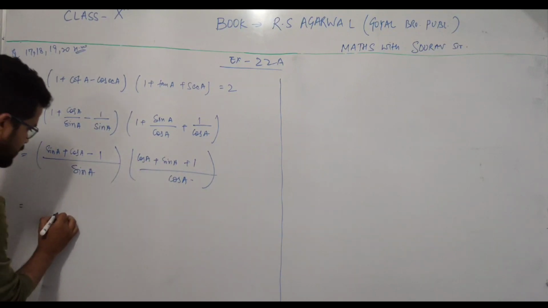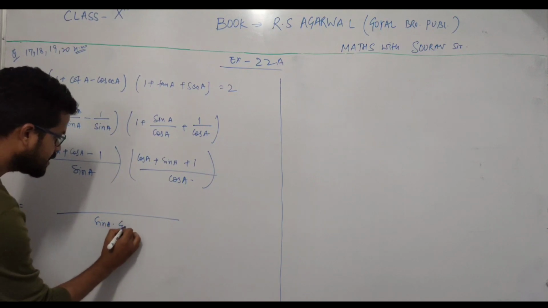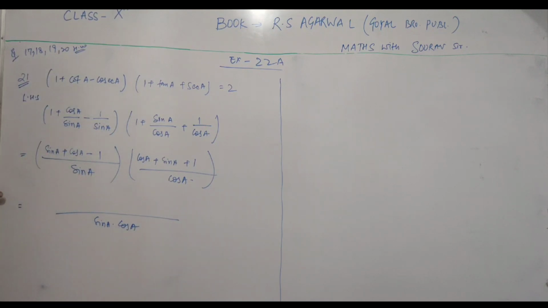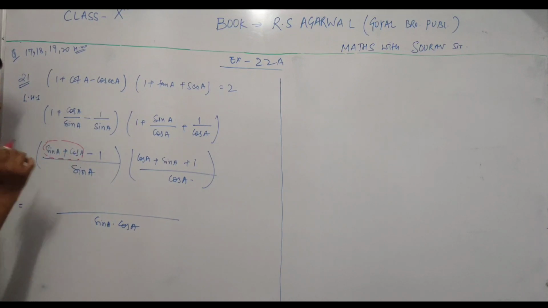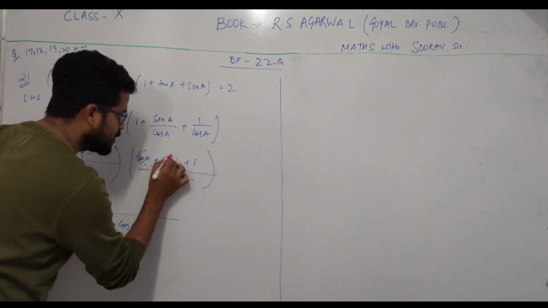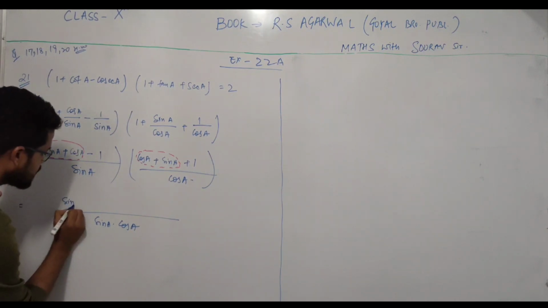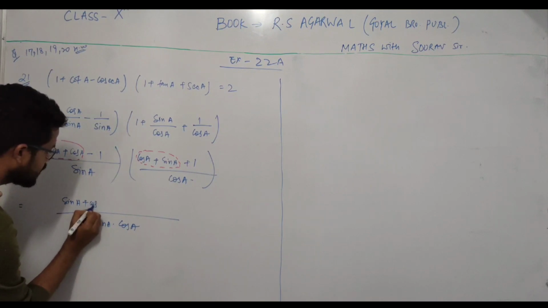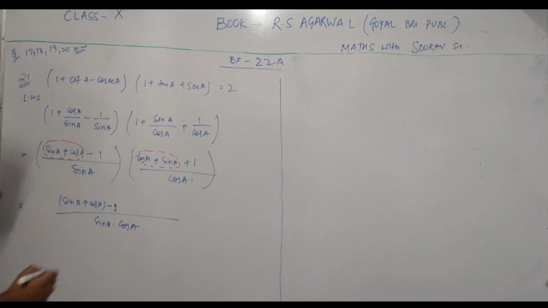If I multiply both of these, the denominator is sin A cos A. If I look here, if we take this as a whole quantity and this as a whole quantity, this is sin A plus cos A minus 1.